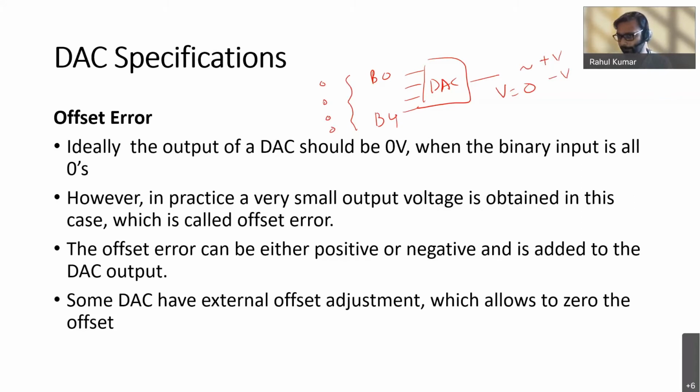This is called offset error. What we do is connect a voltage source depending on this offset error. If you are getting a positive voltage, we connect the same negative voltage to cancel it out, to nullify the offset error.